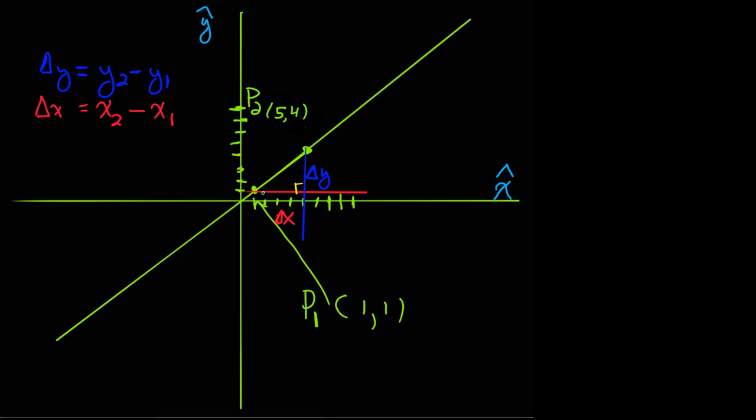If I do another point here on the triangle, and I'll do this one in blue, and come up 1, 2, 3, 4, 5, 6, 7, 8, 9. So this is at 9, comma 1, 2, 3, 4, 5, 6, 7. And we'll call that point 3.